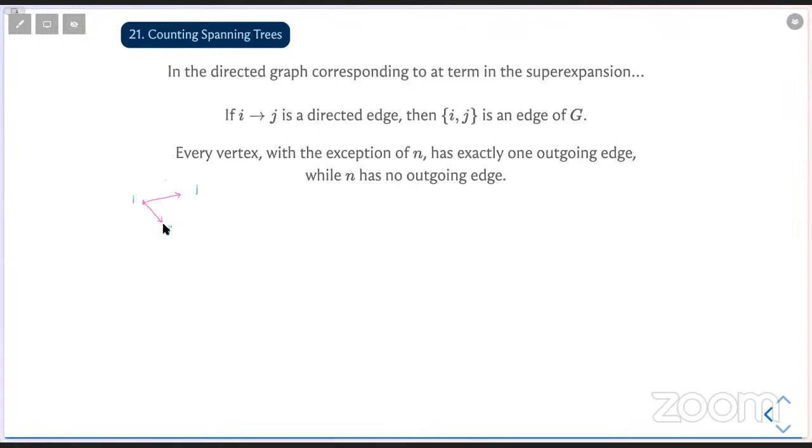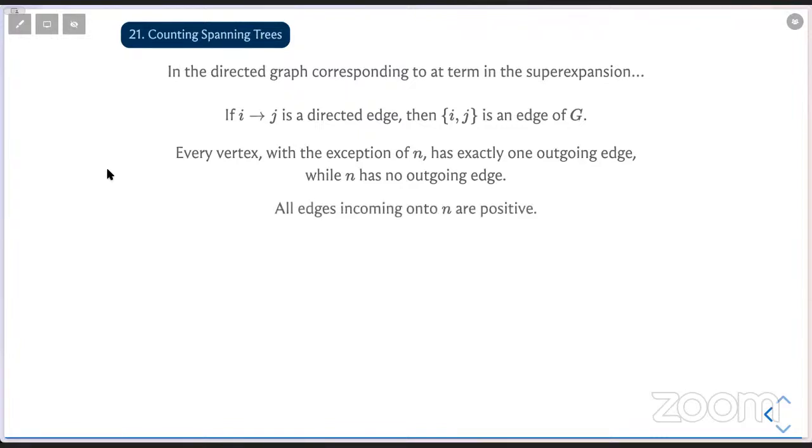So j and j prime would be two circled entries in the same row, in particular row i, and that would not be consistent with the super expansion term coming from a permutation. So indeed, we will only see one outgoing edge per vertex, with the exception of the last vertex n, because the permutation only covers the first n-1 rows. The last row is simply not there. So we don't create any outgoing edge on n because we have no instructions to do so.